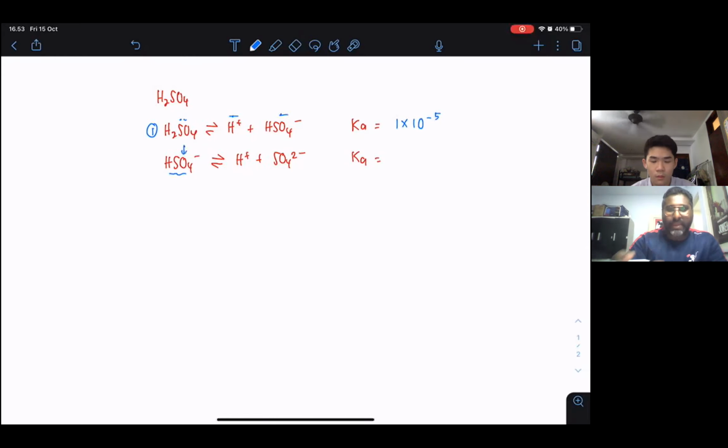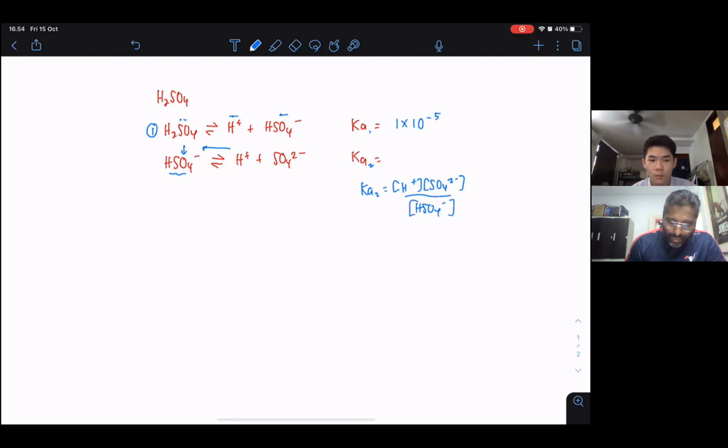What this second equilibrium will do, according to Le Chatelier's principle, is that the position of the equilibrium will be shifted to the left to increase the concentration of HSO4-. In that process, when I write down the Ka, it is going to be Ka2 equals H+ and SO4 2- divided by HSO4-.